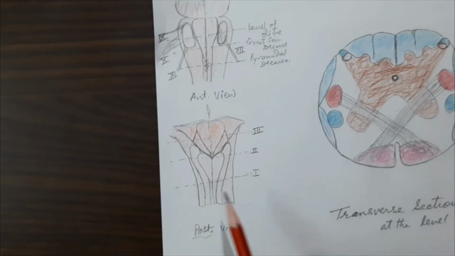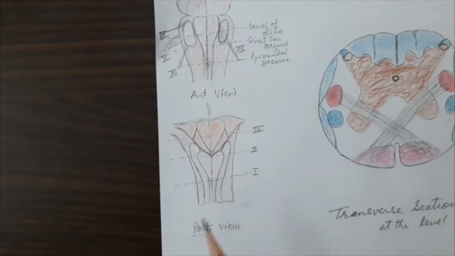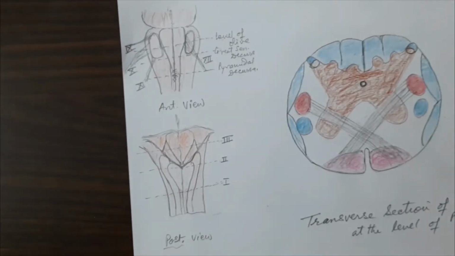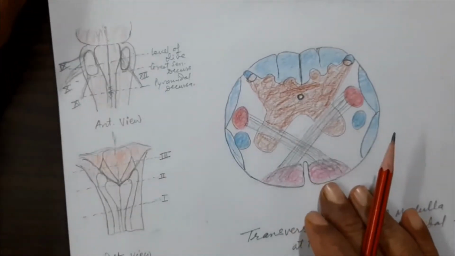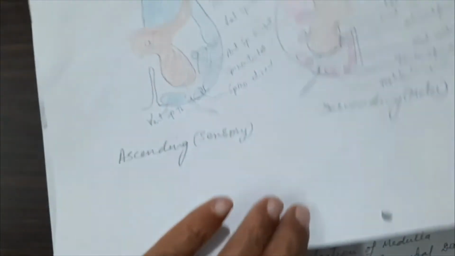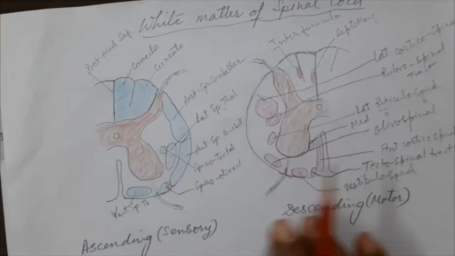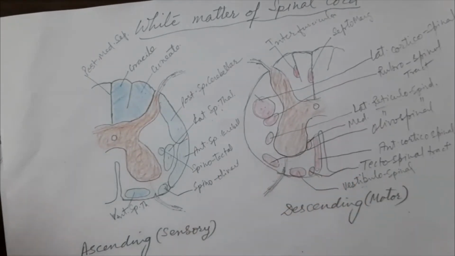Today we are going to learn section number 1, which passes through the pyramidal decussation. But before that, see our old diagram where we used the spinal cord.